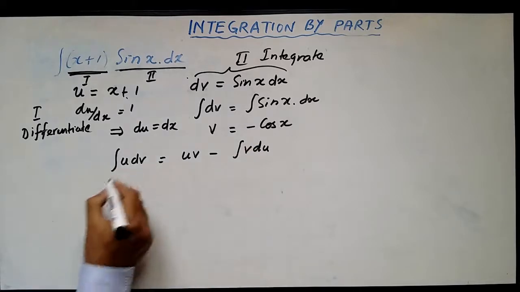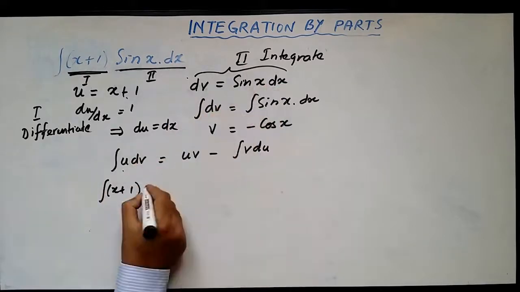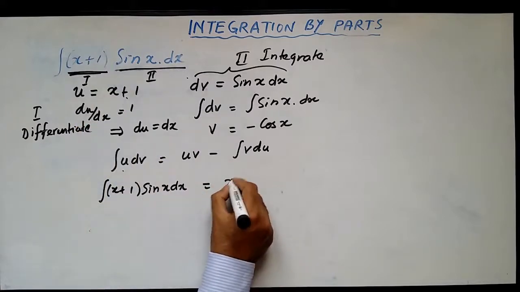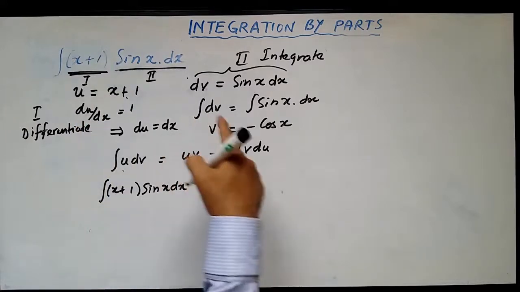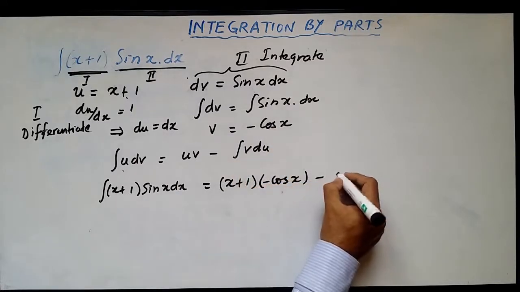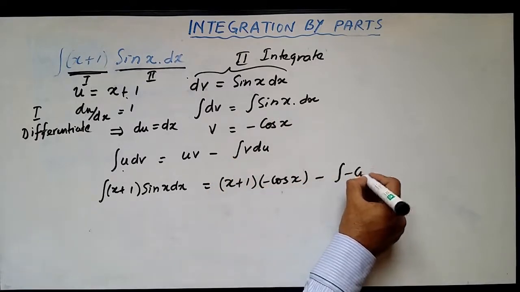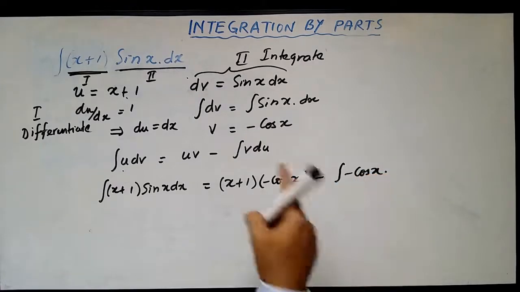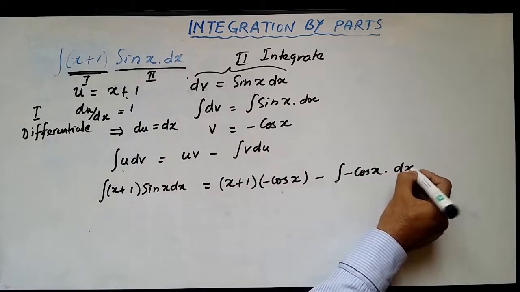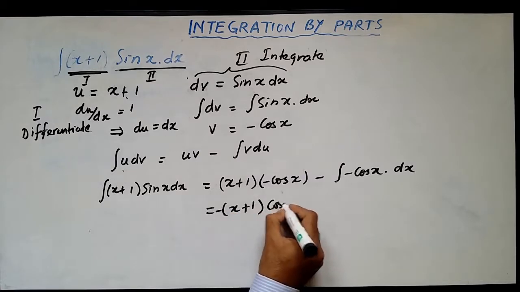So integration of x plus 1 sine of x dx is equal to u, which is x plus 1, times v, which is minus cosine of x, minus integration of v, which is minus cosine of x, and du, which is dx.